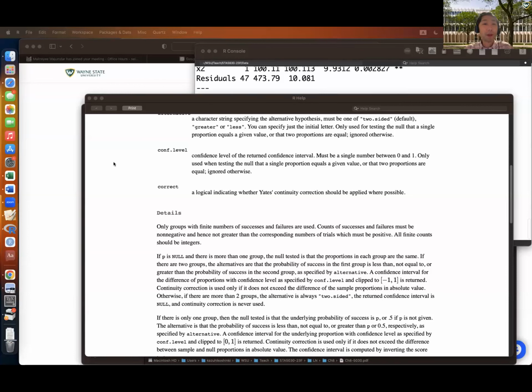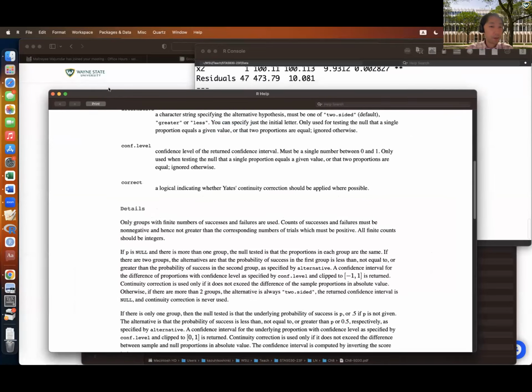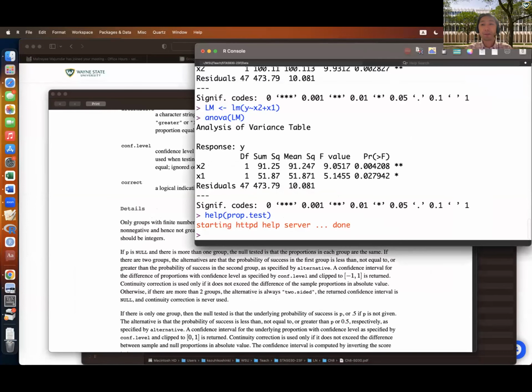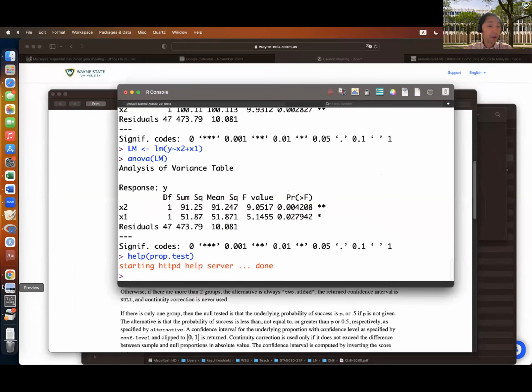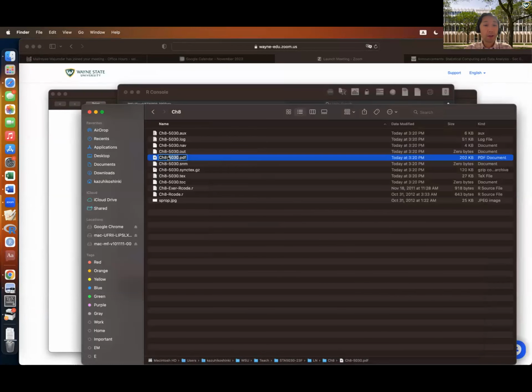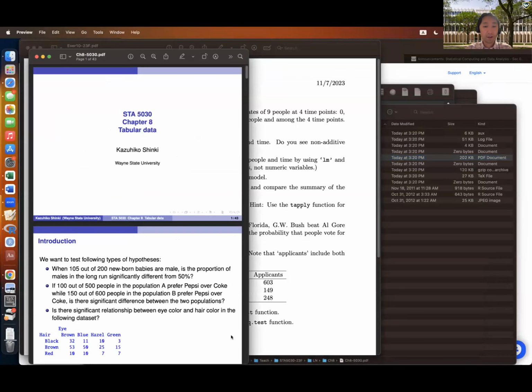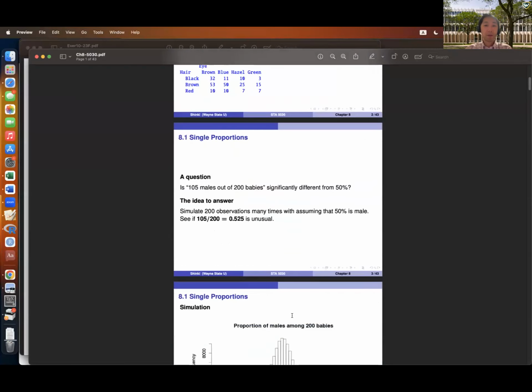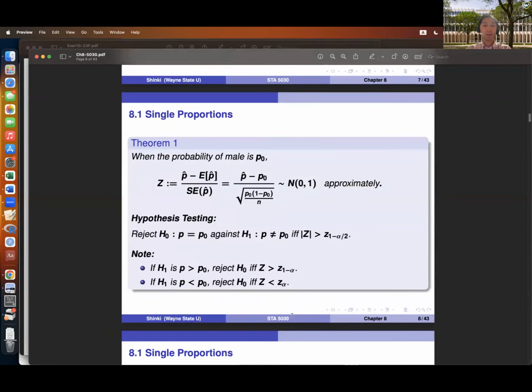So yeah, I will share the screen and I will discuss this example. Sorry. I think you are seeing the screen. I have to open the slides first. So, the exercise example here.